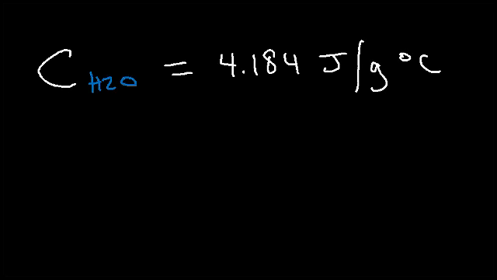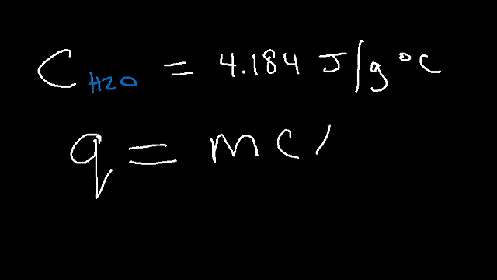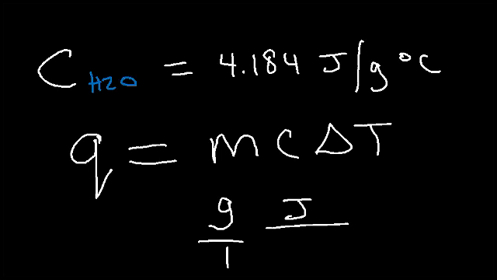Now, if you want to calculate how much energy is absorbed or released when the temperature of a sample changes, you can use this equation. Q is equal to mcΔT, or mc delta T. m is the mass in grams. c has the unit joules per gram per Celsius.